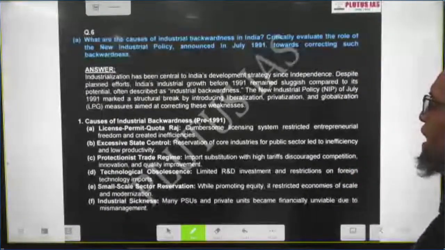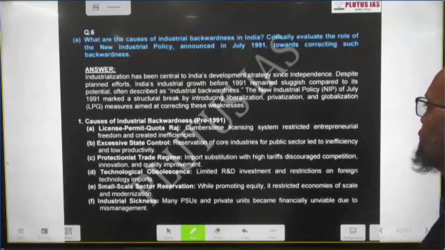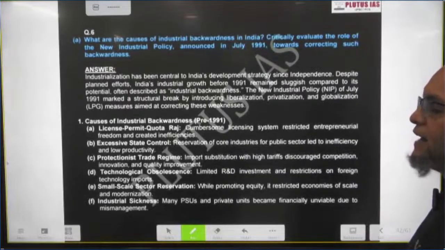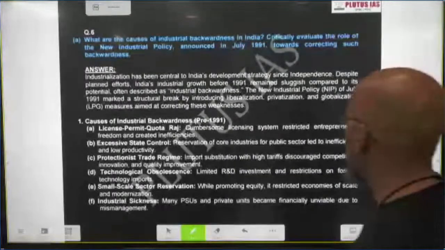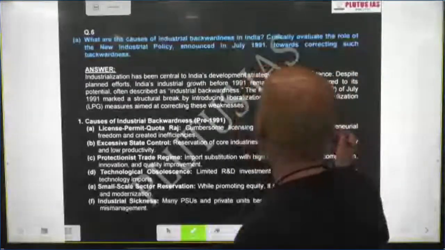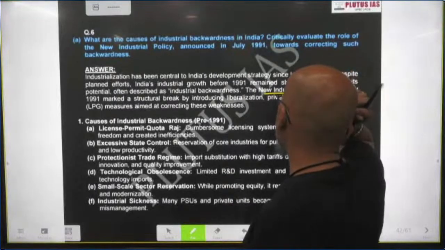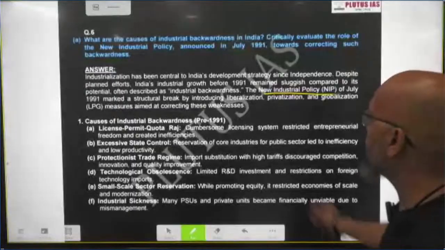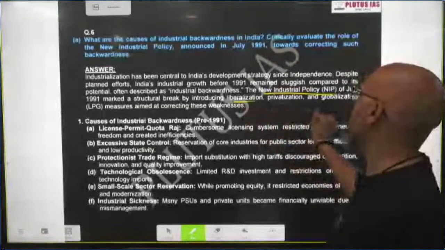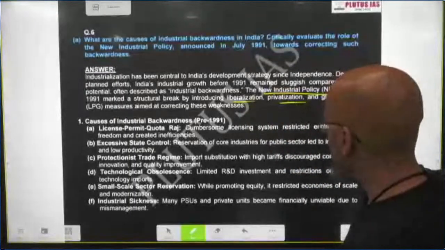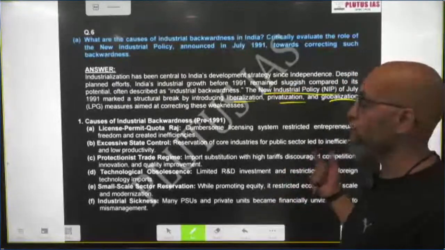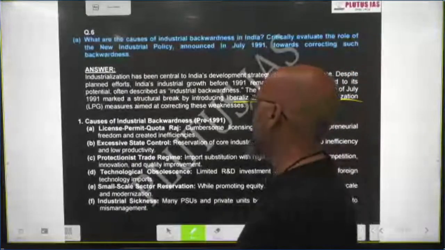Despite planned efforts, India's industrial growth before 1991 remained sluggish compared to its potential, often described as industrial backwardness. The new industrial policy launched in July 1991 marked a structural break by introducing liberalization, privatization, and globalization. Under the NIP, LPG reforms were introduced aimed at correcting these weaknesses.